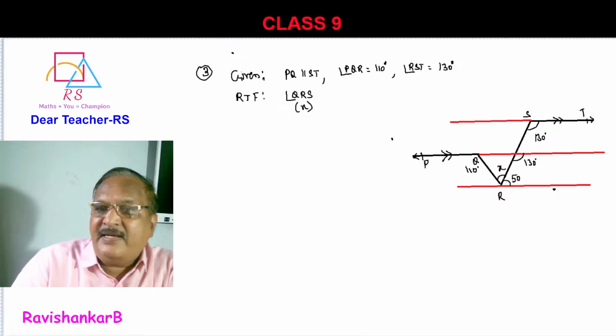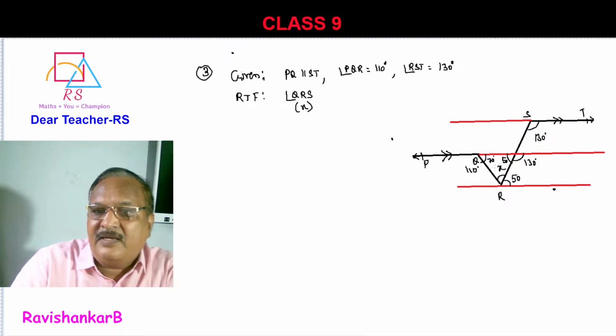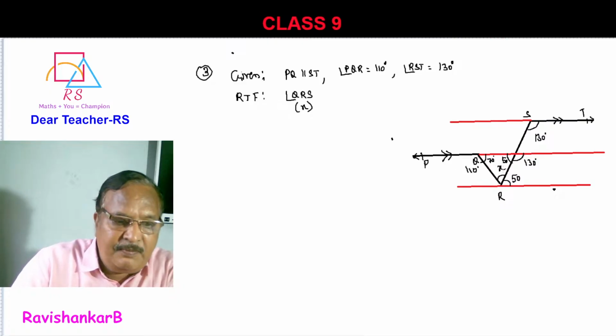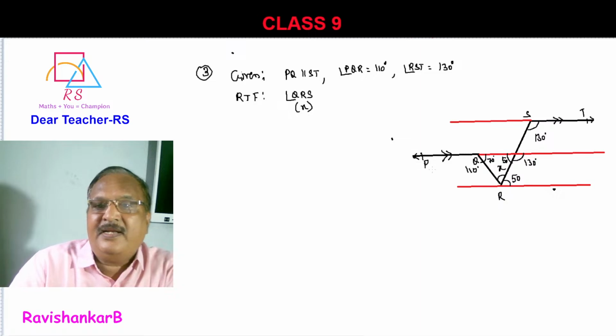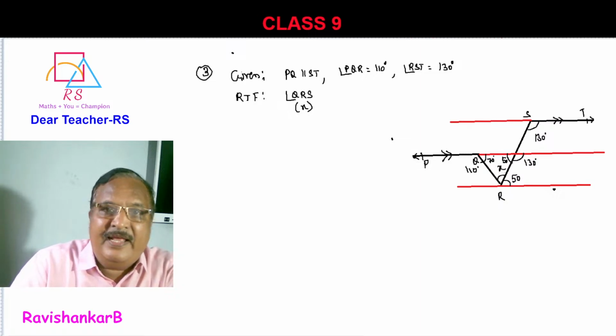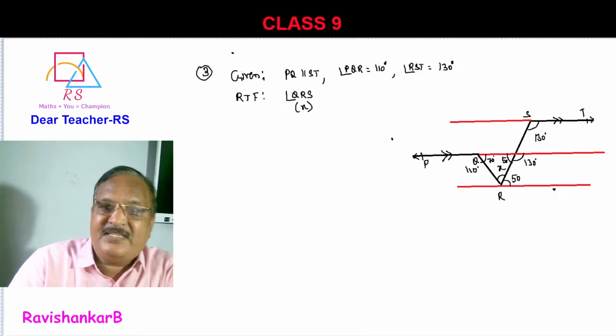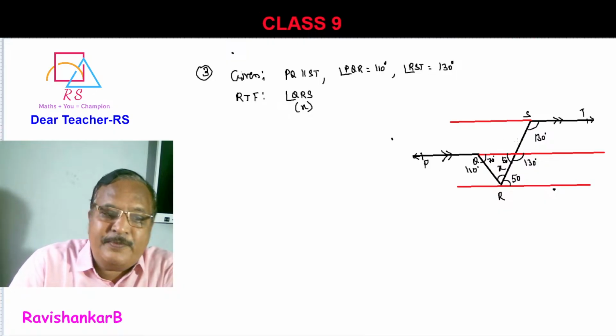Our ultimate target is to find out X. And this will be 50 degrees, and this will be 70 degrees. Now 70 plus 50 plus x is equal to 180 degrees. So 70 plus 50 is 120 degrees, and x is equal to 60 degrees.